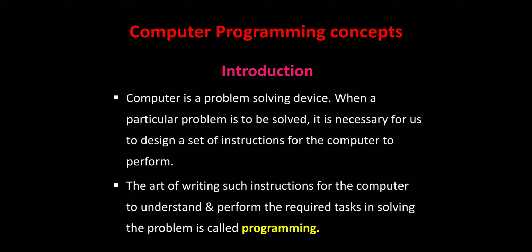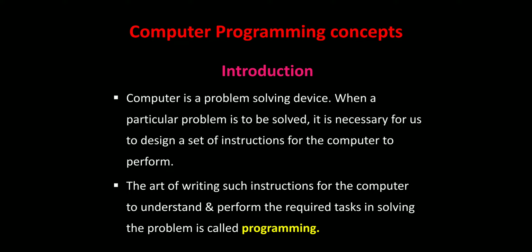Writing such instructions to the computer in a systematic way, we call it programming. What is programming? The art of writing instructions for the computer to understand and perform the required task in solving the problem is called programming. First, what is computer? Computer is a problem solving device.